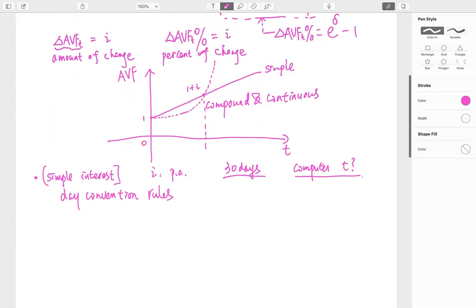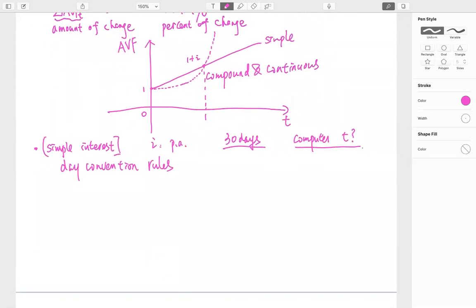Right. So let's say we use actual over 360, and my interest rate per year is 5%. I assume between two dates, they are 30 days.